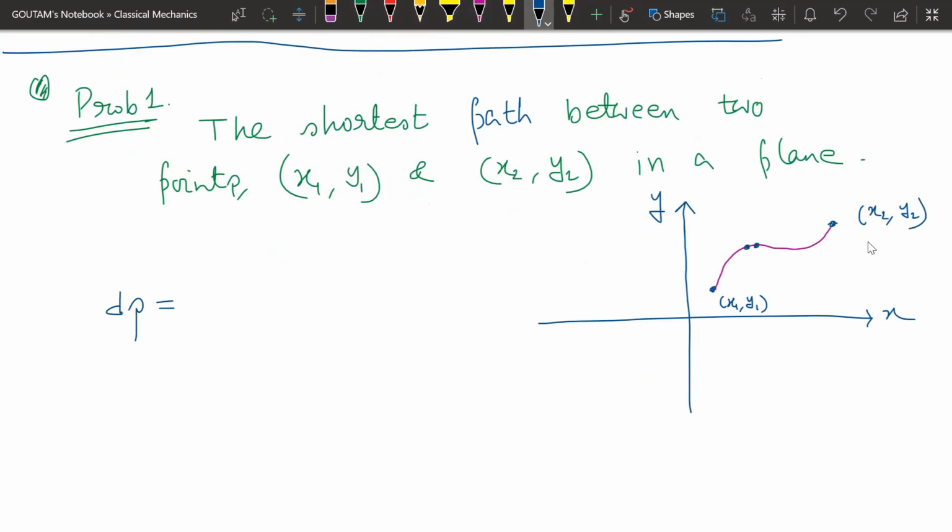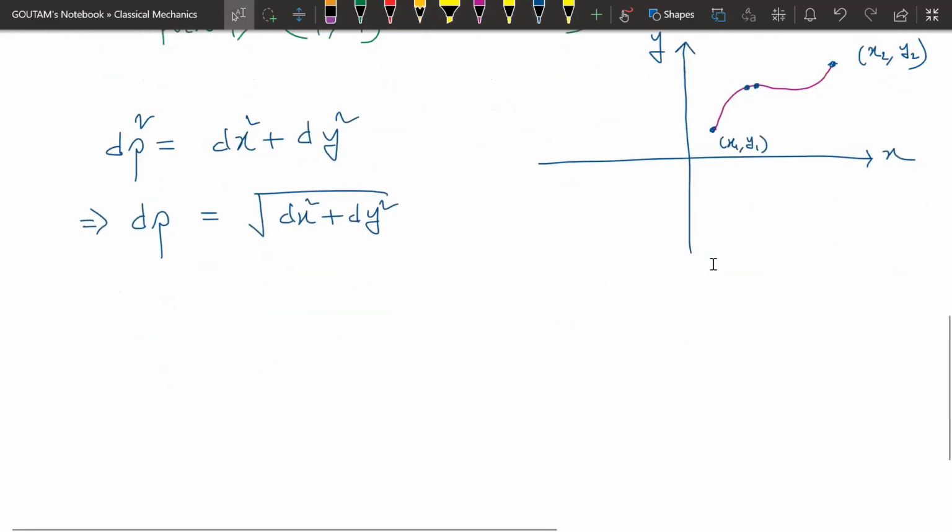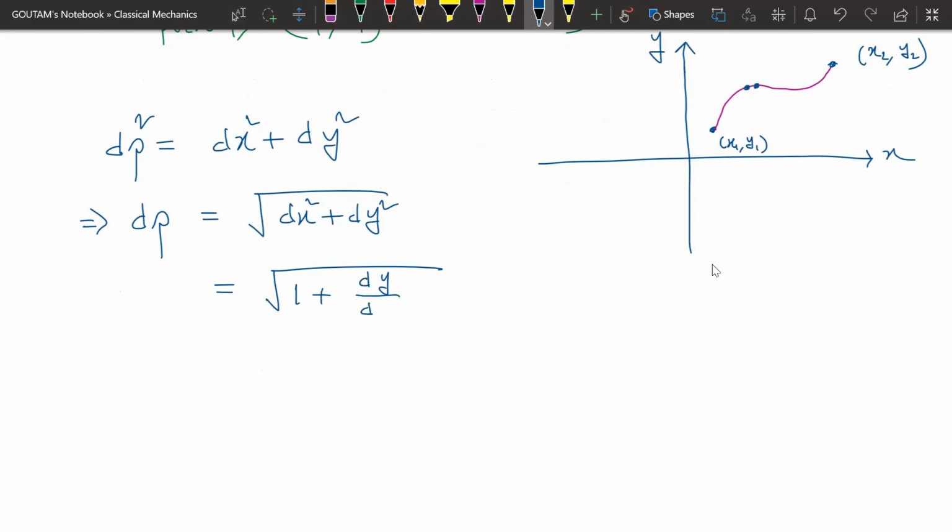So ds square is dx square plus dy square. That means the distance between two infinitesimally close points is root under dx square plus dy square.